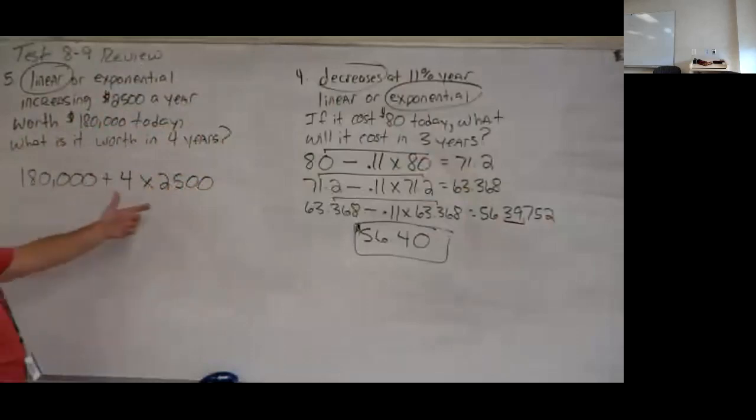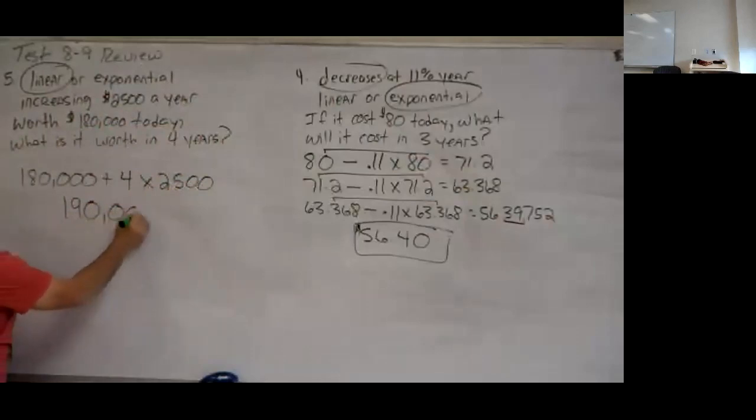Well, let's see, 4 times 2,500 is 10,000. So that's going to be 190,000. So after 4 years, this house went from 180,000 to 190,000. And we said that was linear, okay?